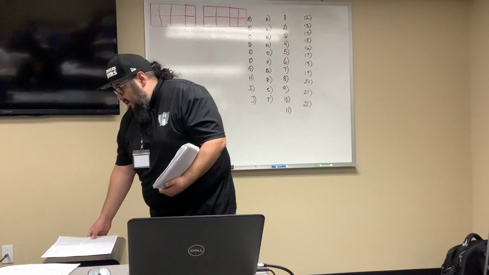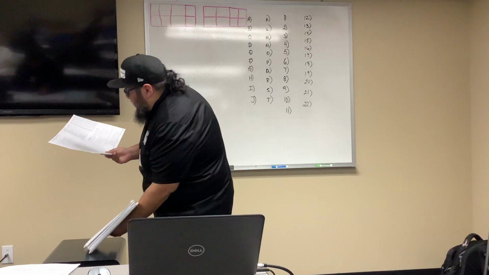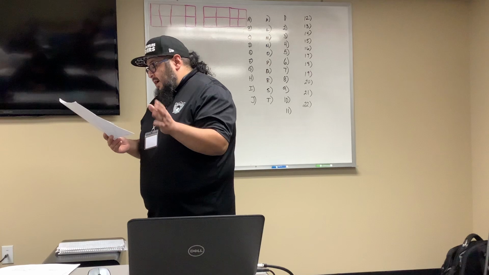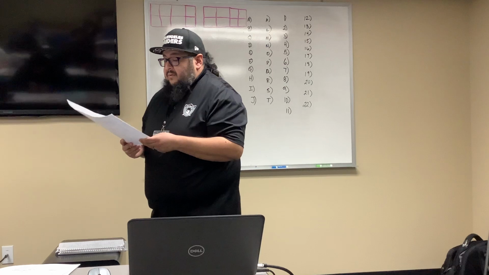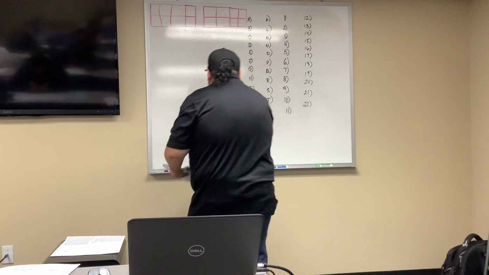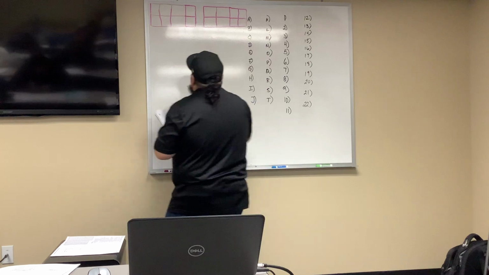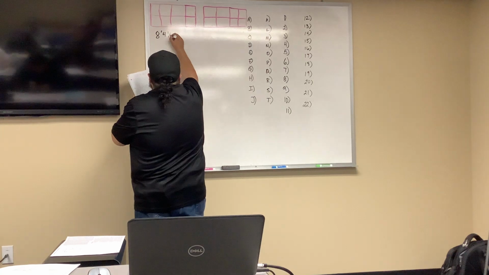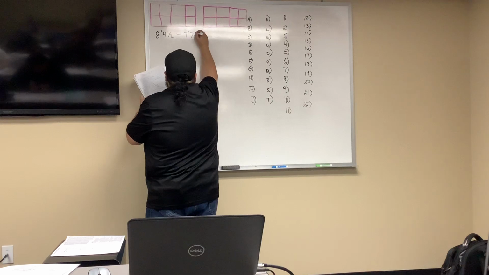Now, if you look at your large cut sheet, or your large drawings of your isometric and plan view, it doesn't give us a straight measurement for number 1. So we're going to have to figure that out. We're going to take that total length, which is 8'4.5", and subtract 7'7.5".